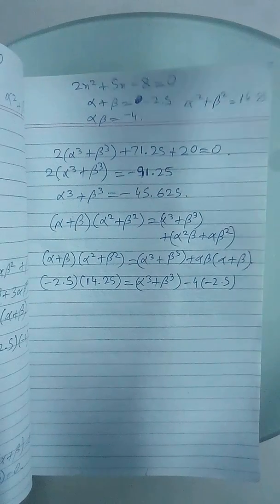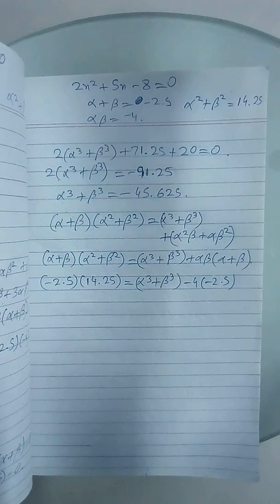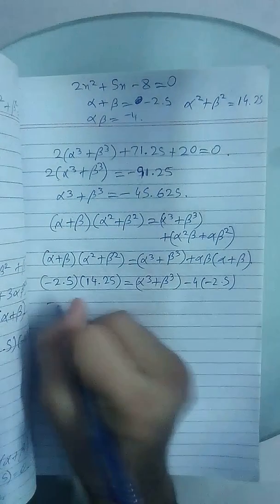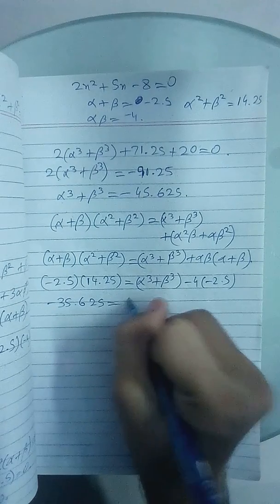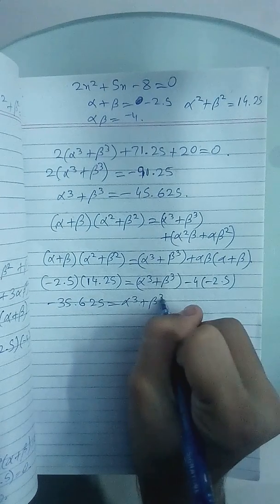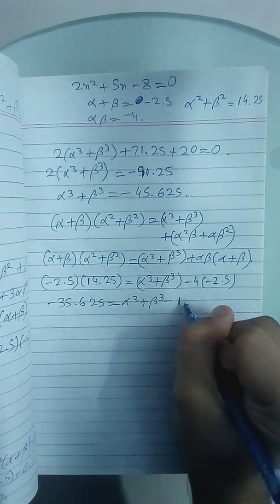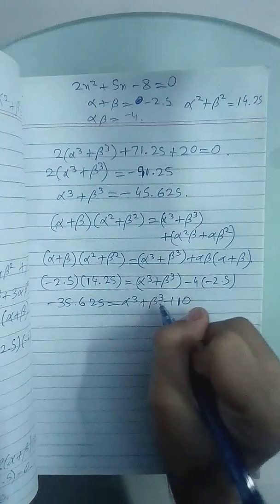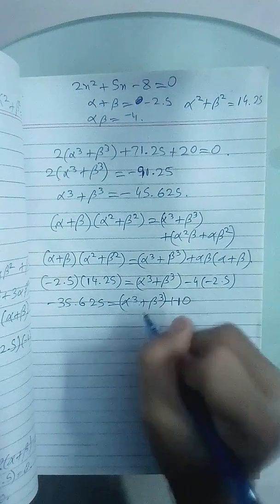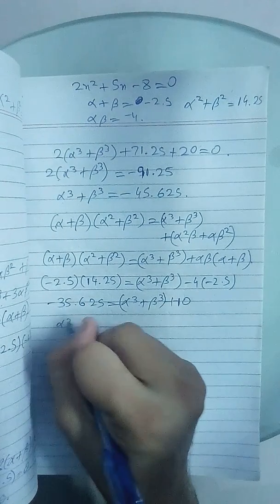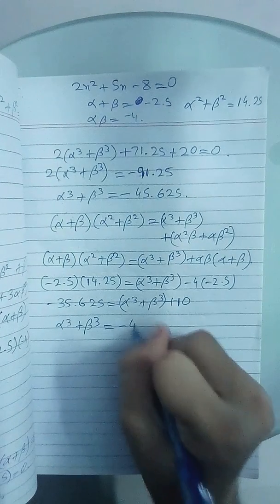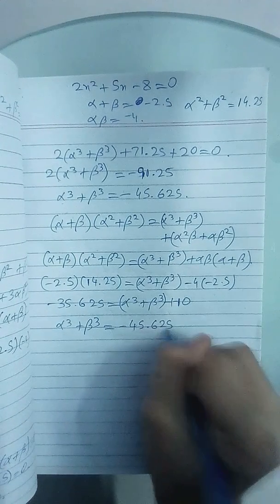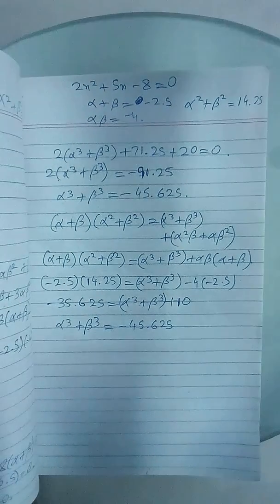So we are getting minus 35.625 equals alpha cube plus beta cube plus 10. So we are going to obtain the same answer as in the previous two methods done in this video.